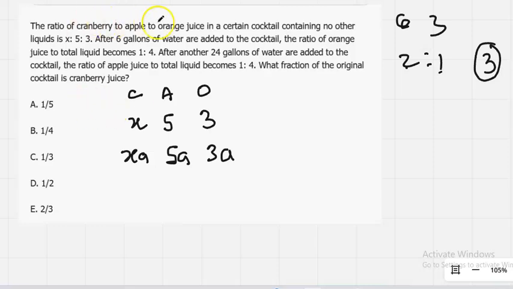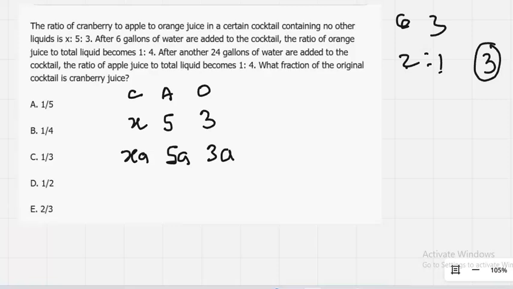Now, it is important, let's go back to the first line: the ratio of cranberry to apple to orange juice in a certain cocktail containing no other liquids. So there are no other liquids to worry about. We are only concerned about cranberry, apple, and orange, the only components in the cocktail.